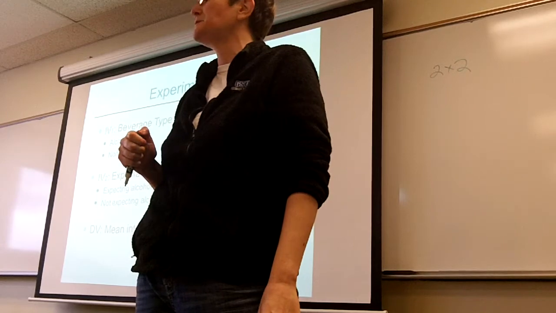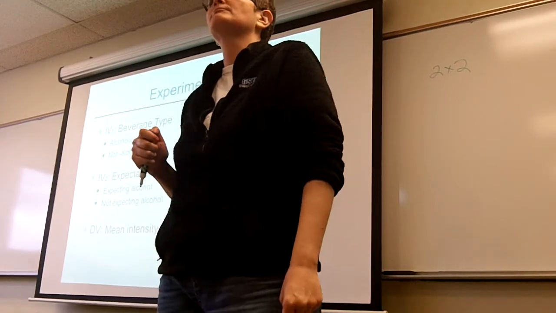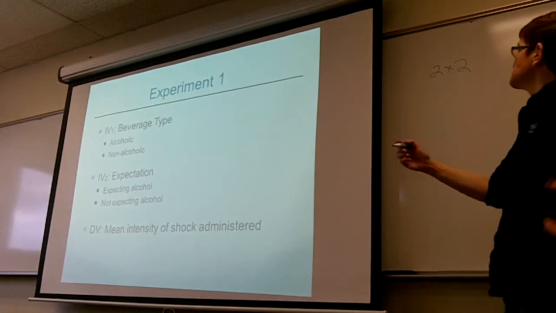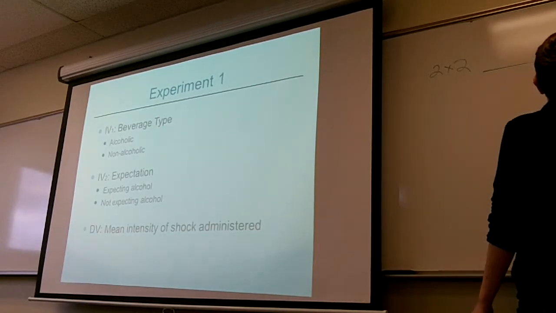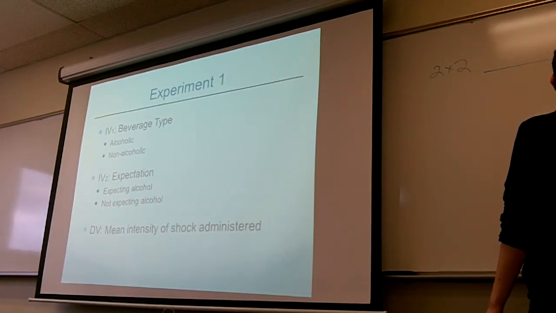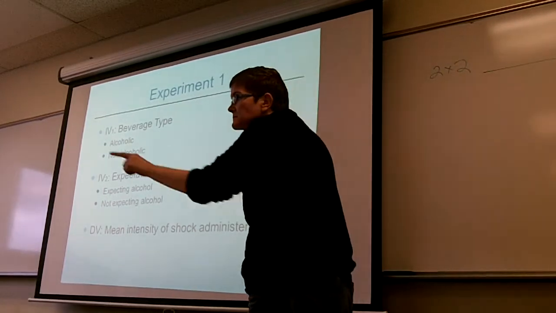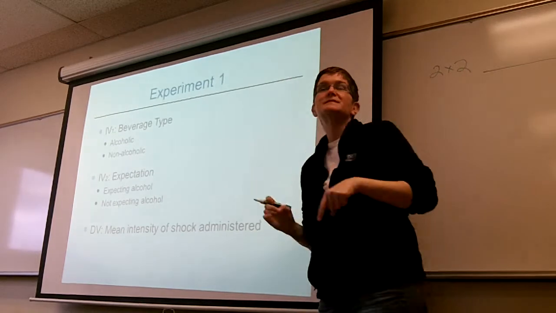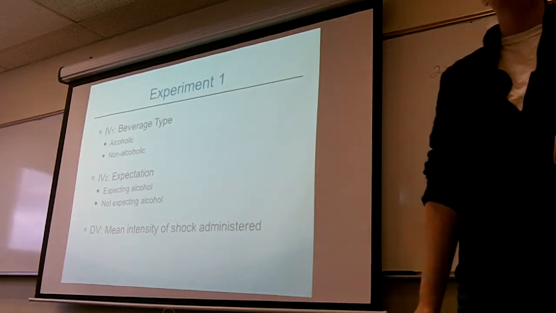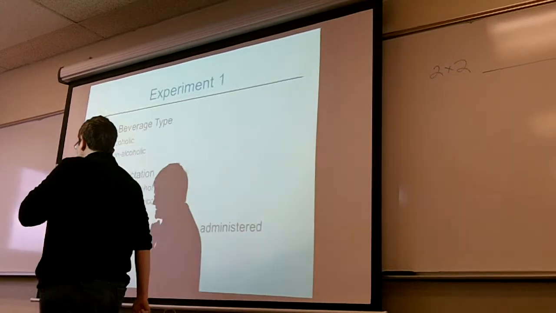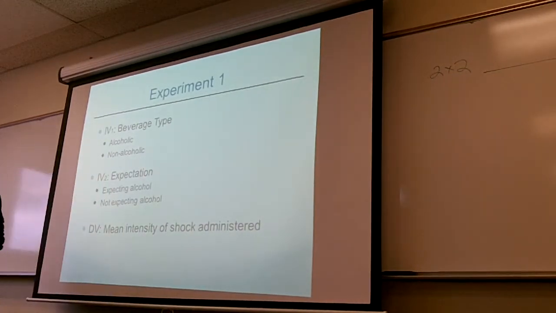So what kind of factorial design is this? A 2 by 2 what? It's a something factorial design. What is it? Random groups. This is a 2 by 2 random groups factorial design. Okay? Our dependent variable is the mean intensity of shock administered.